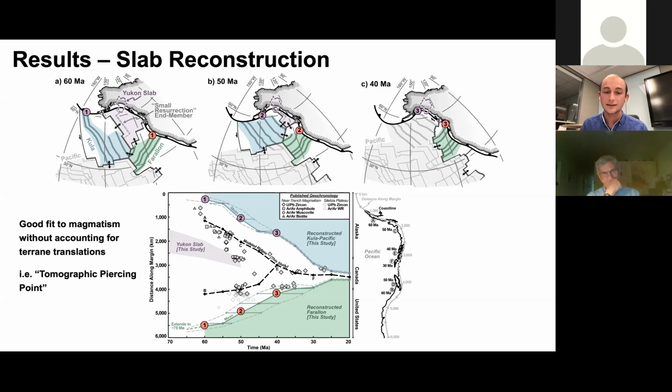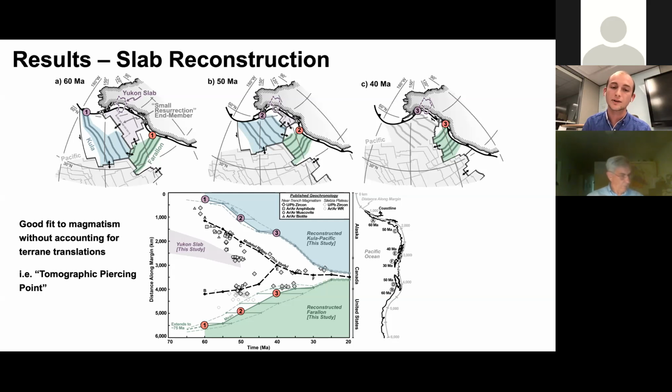So broadly speaking, it seems like a model which involves the selection of two mid-ocean ridges and an additional Resurrection plate as a result is the most straightforward way of interpreting our slab unfolding results. And something to note while we're here is that these first modeled ridge positions that I've shown don't account for any northward terrane translation of the Chugach terrane or any other associated terranes.